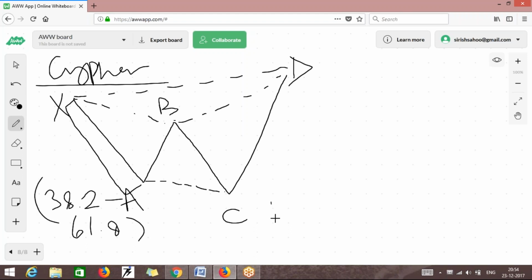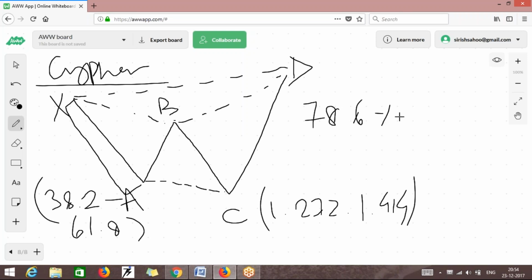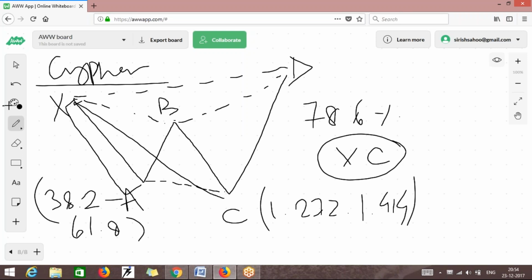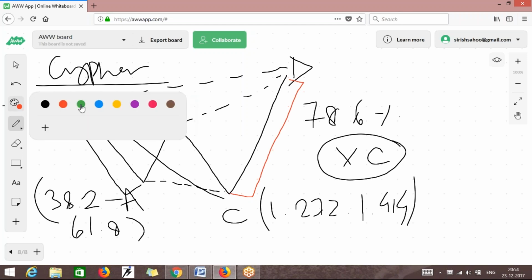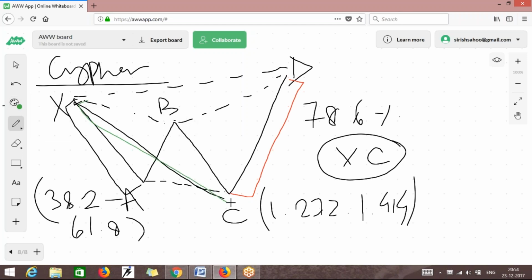BC should retrace to 1.272 to 1.414, and CD should move almost a 78.6% extension of XC. Here there is a difference. Just a minute. Finding this leg should be an extension of X and C.